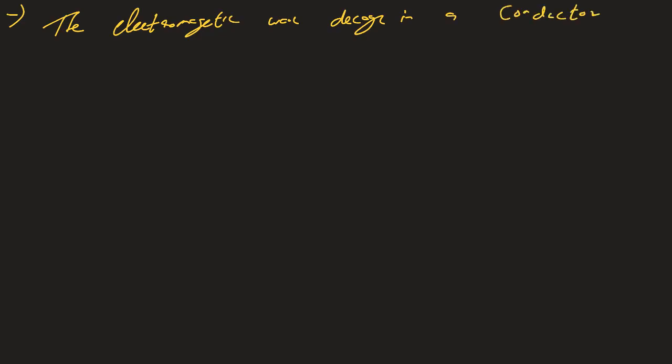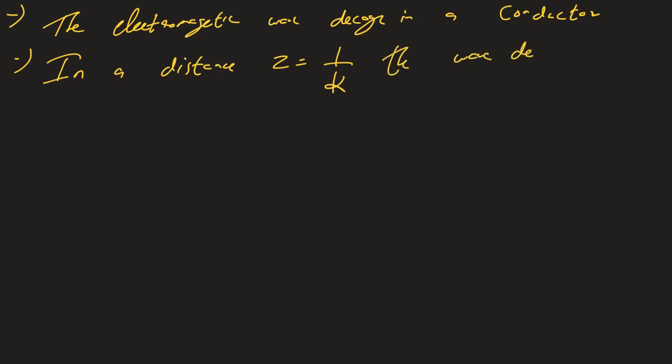And we can measure how much it decays, and we can measure what properties affect that decay. So in a distance z equal to 1 over kappa, the wave decays by 1 over e. Look, when z becomes equal to 1 over kappa, what happens?